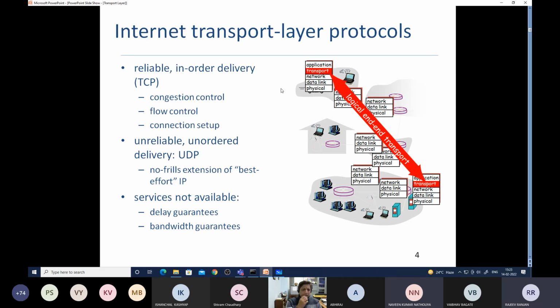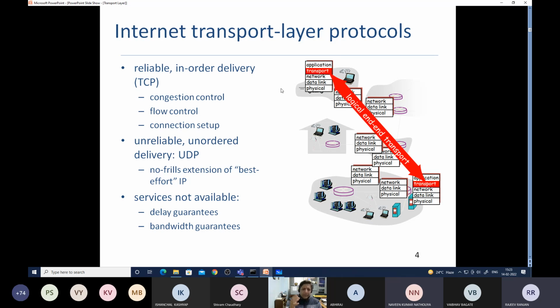Unreliable unordered delivery, UDP, is the other extreme, where it is just a no-frills extension of best effort IP. But in both these protocols, the services not available are delay guarantees and bandwidth guarantees.